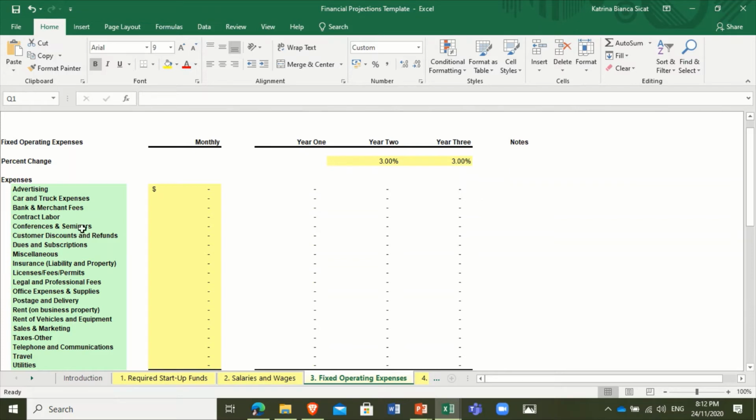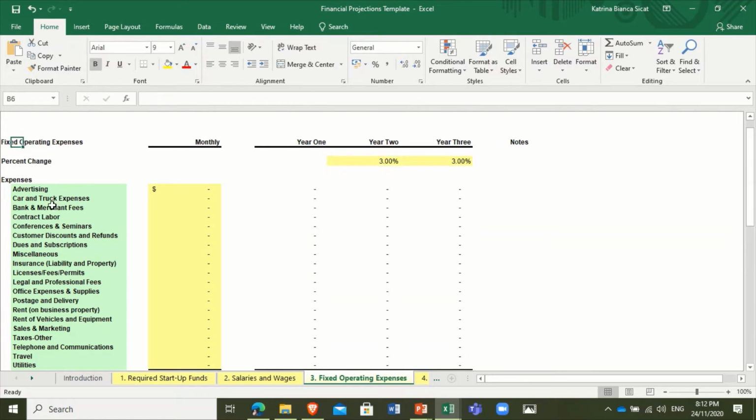Ito talaga every month binabayaran. Okay? So, kung makikita nyo merong percent change dito, yan yung kasama sa financial assumptions ninyo na every year tinatansya nyo na magkakaroon talaga ng increase sa inyong expenses. So, this is fixed operating expenses.